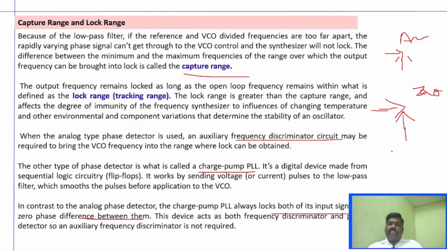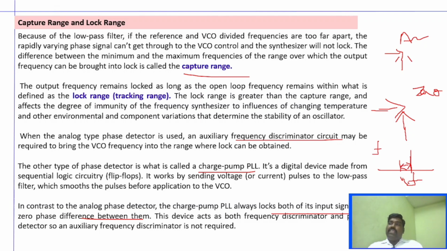To understand what this tracking range and locked condition are, say for example, you have this particular frequency F, and you have the VCO frequency like this. During the capture range, the VCO frequency will move closer to this particular frequency F, and during the locked condition, this will become a single signal.